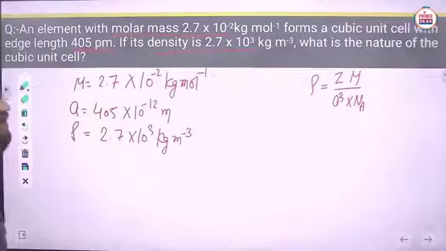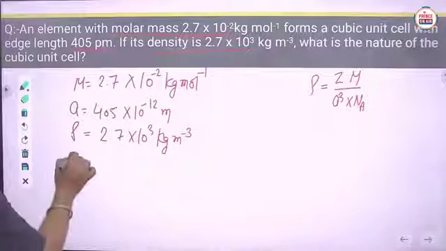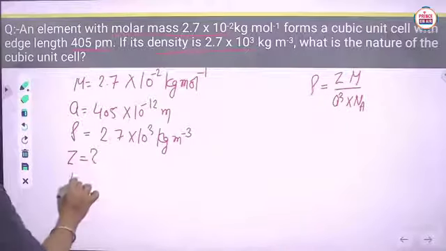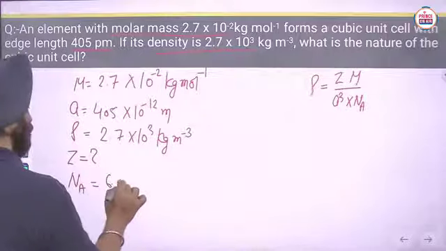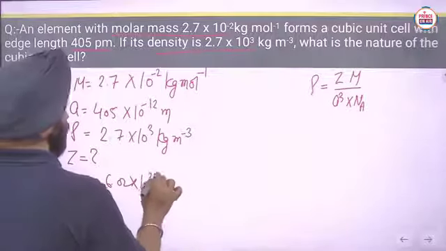Then what is the nature of the cubic unit cell? It means you have to calculate the Z value, and Na is once again 6.02 into 10 raised to the power 23.